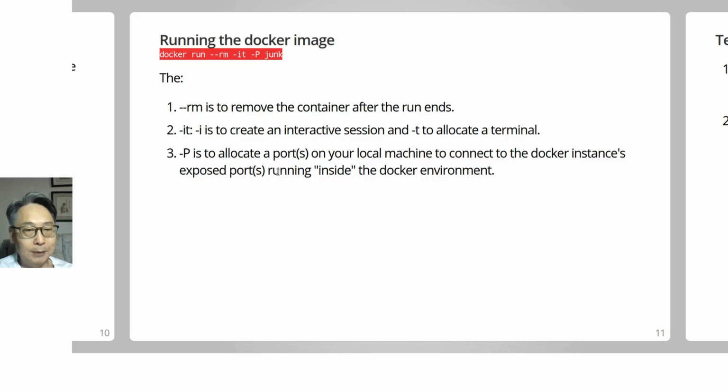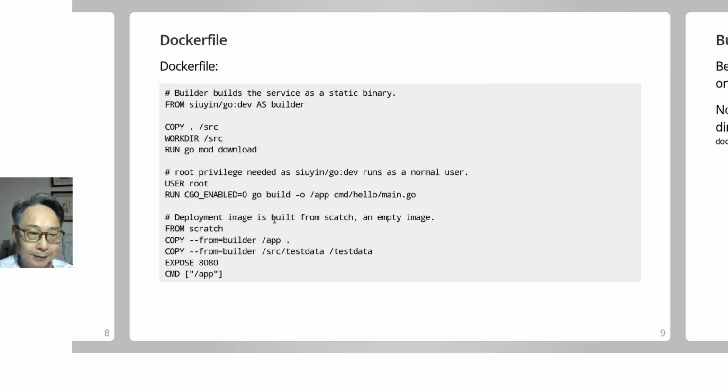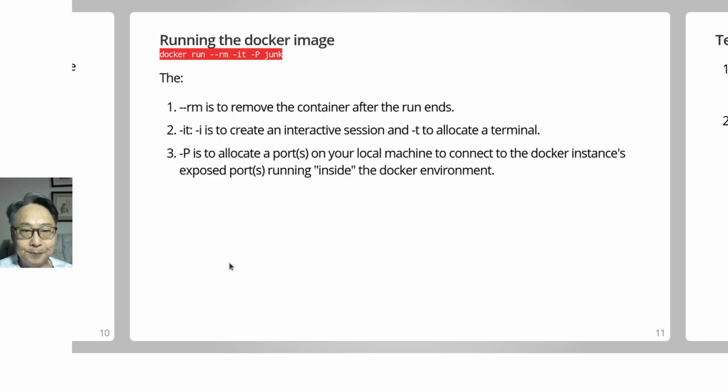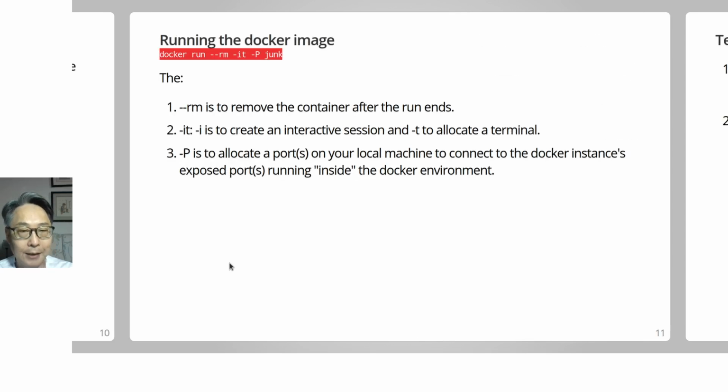-p is to expose any ports to the local machine. Now Docker will allocate a free port and connect it to port 8080. Why 8080? I set it in my Dockerfile. Right, so let's run the container.